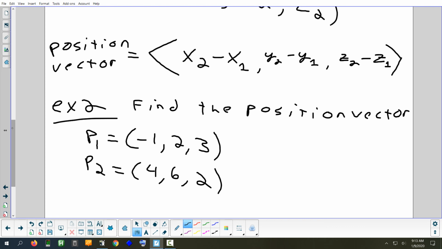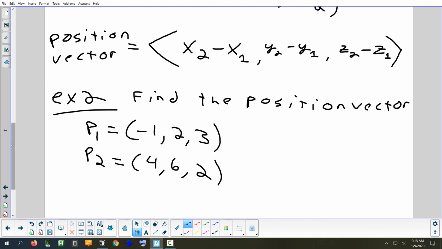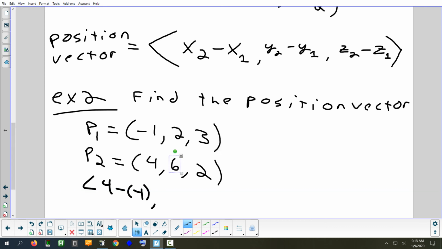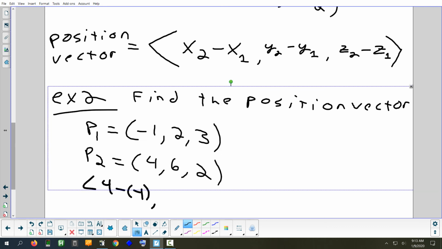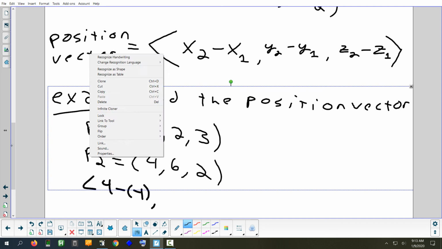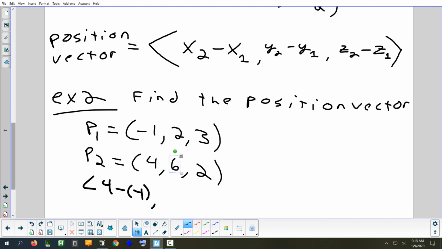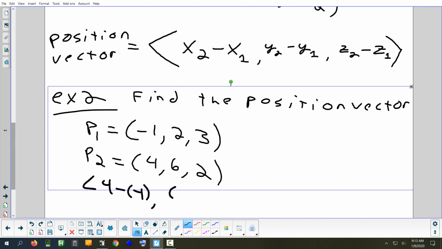What would be the first one? 4 minus, yep, 4 minus -1. All right. Emily, what would be the second part? 2 minus 6. Let's take a look. So you did P1 minus P2. You have to be careful. It's the second one minus the first one: 6 minus 2.